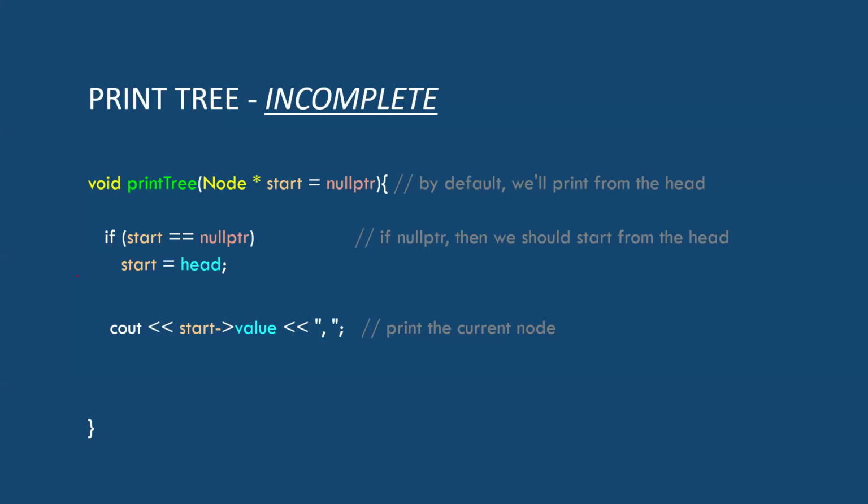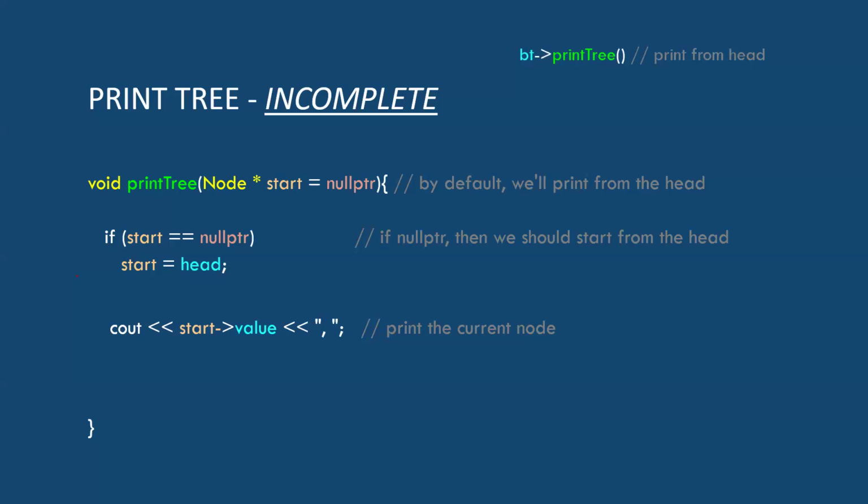So if the start is not null, then it's been specified and we're probably several levels down the tree traveling through the cave system. So if I only ever print the value of the current tree and I return, well, then it's not a recursive solution, but I need it to be a recursive solution. So I need to explore left and explore right, but where should I put that code?